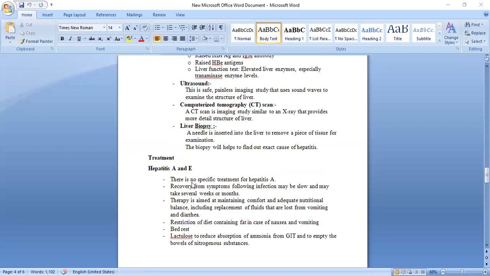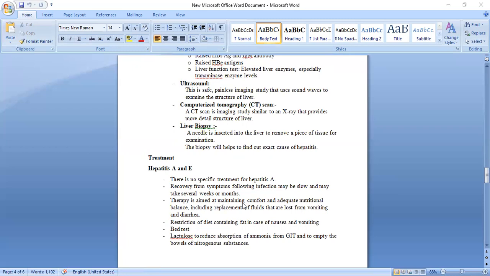There is no treatment for the jaundice also. So we have to take safe food and safe water. That is the main thing here. Recovery is also very slow, taking weeks or months.